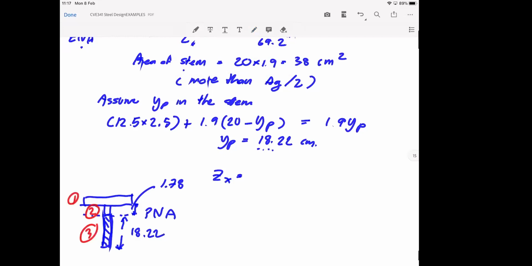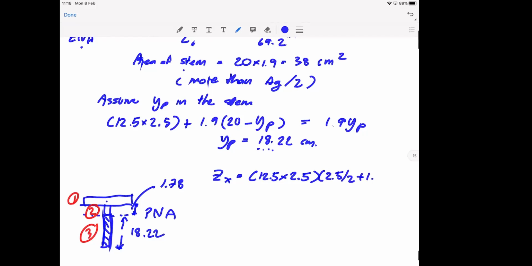Let's do number 1 first. Number 1 is going to be equal to the area, 12.5 multiplied by 2.5, correct? And the distance will be equal to half from the flange centroid: 2.5 over 2 plus 1.78. The second one is this one.